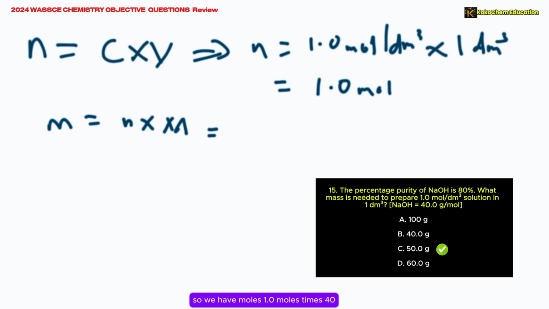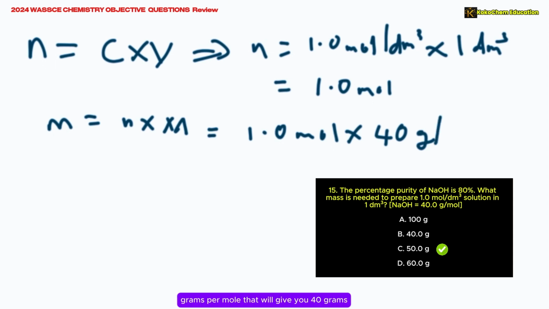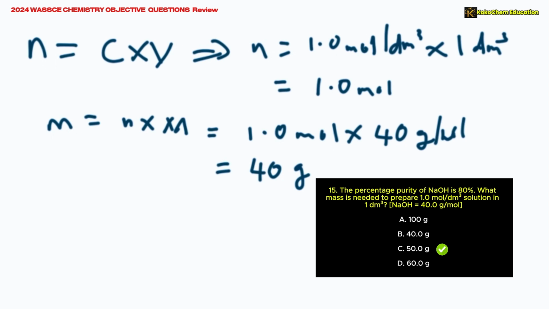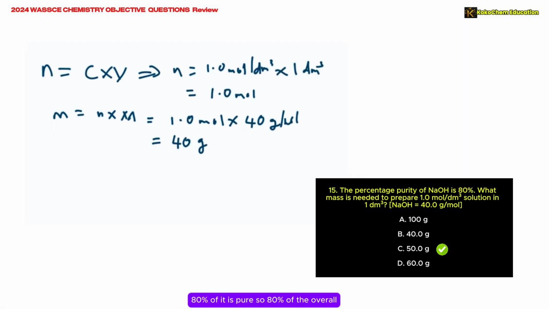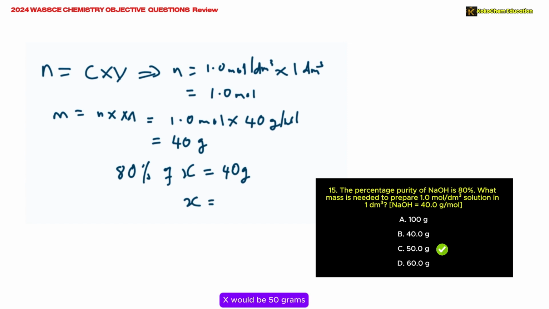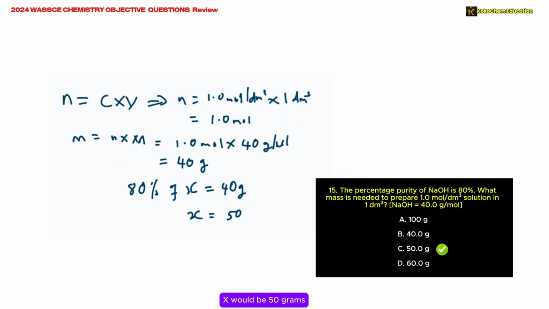So we have 1.0 moles times 40 grams per mole. That will give you 40 grams. 80% of it is pure. So 80% of the overall, which is X, would be equal to the 40 grams. That means if we solve for X it will be 50 grams.